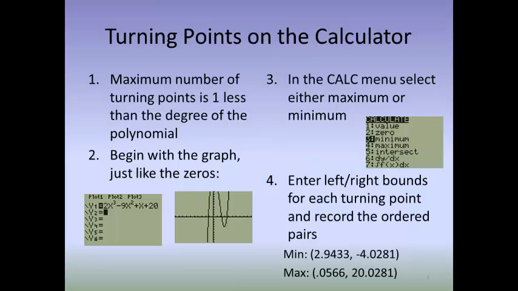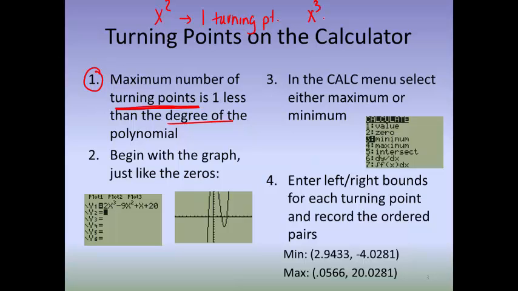So maximum, this is an important thing, so I want you to circle this or highlight it or something, because the maximum number of turning points that we can possibly find is one less than the degree. So if I have an x squared, then I can only have one turning point.